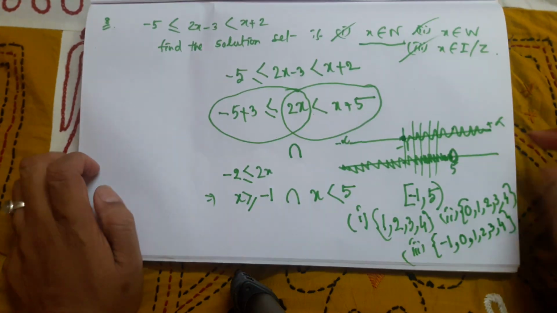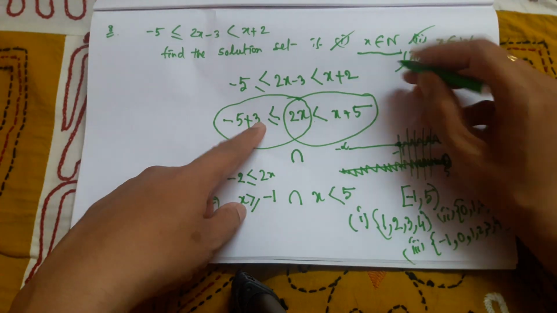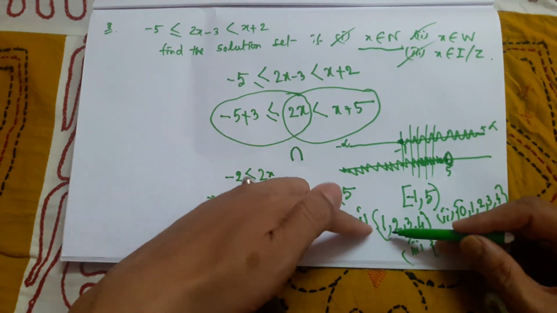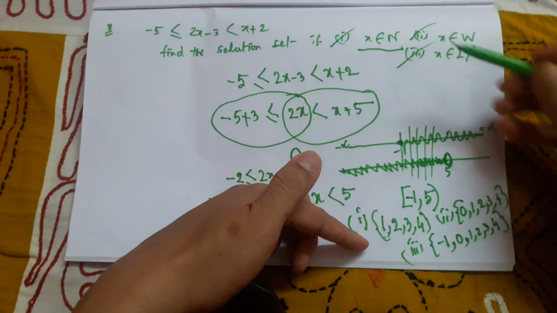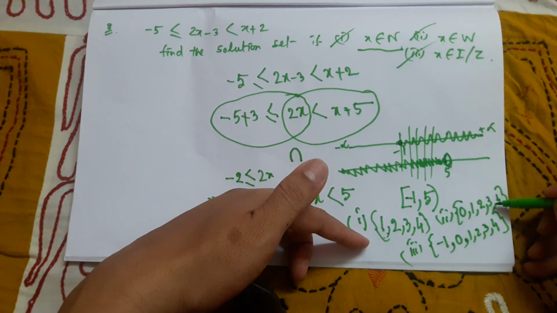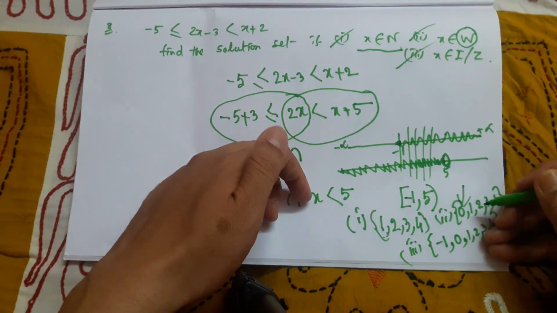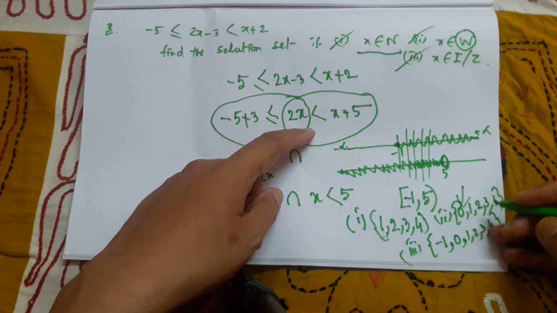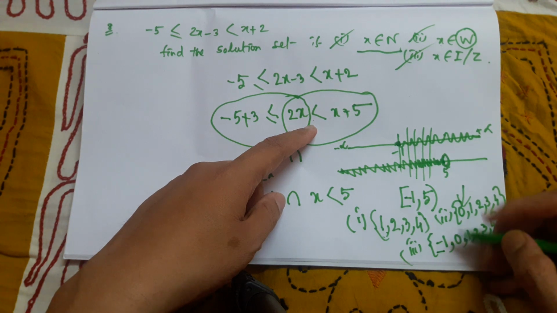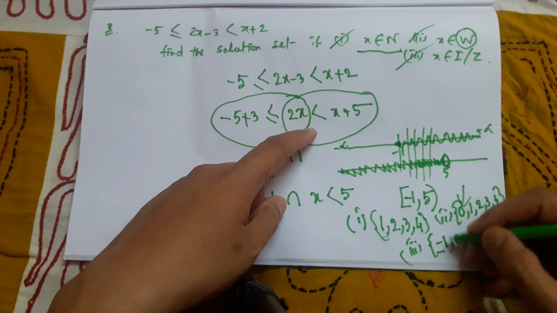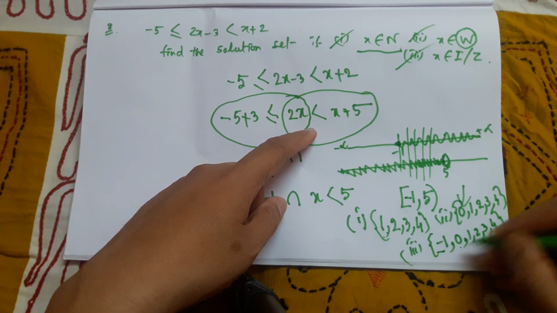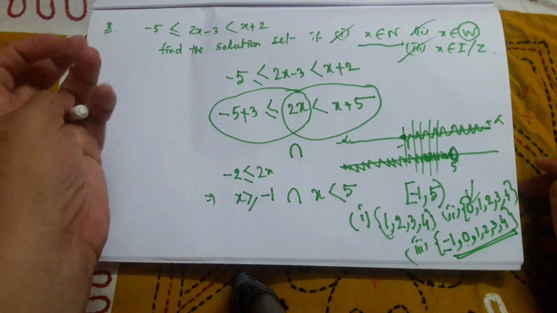So this is the answer. When x belongs to natural number, 4 elements: 1, 2, 3, 4. When x belongs to whole number, 5 elements, 0 is included because 0 is a whole number. And when x belongs to integer, then minus 1 is also included, and minus 1, 0, 1, 2, 3, 4. These 6 numbers are the answer.